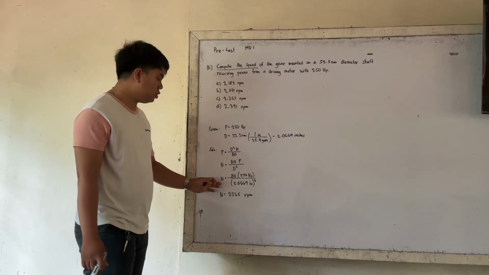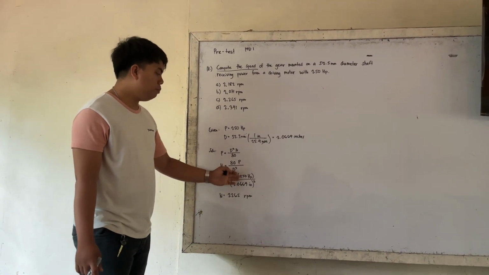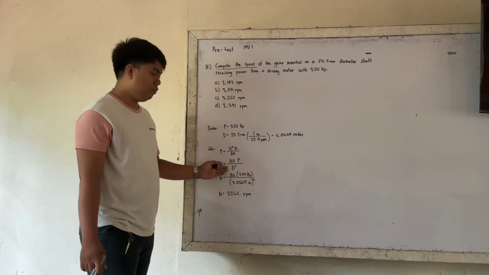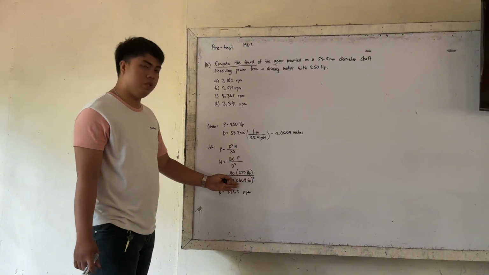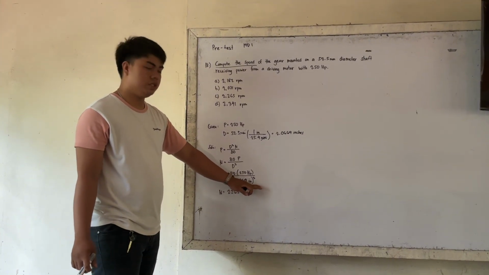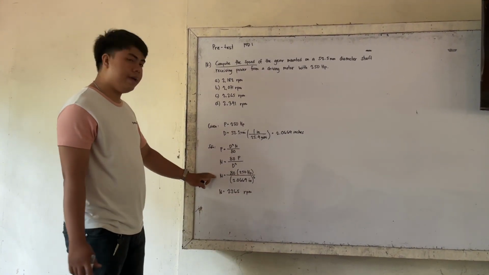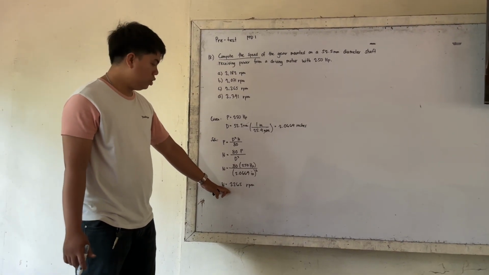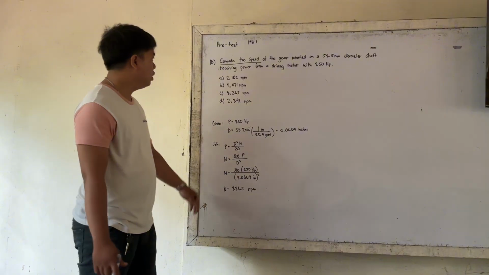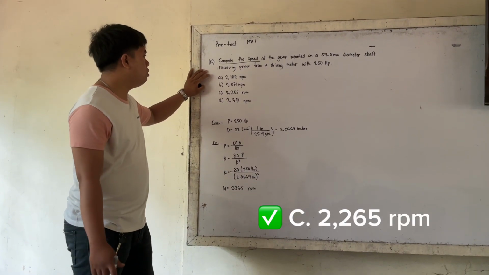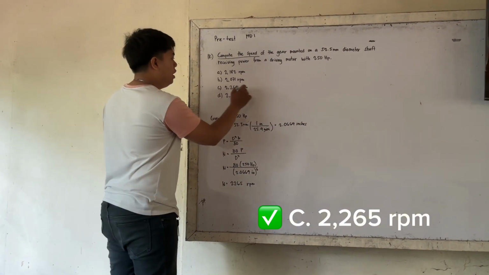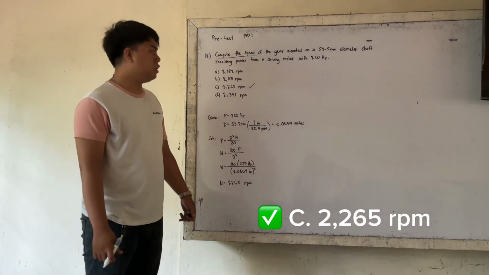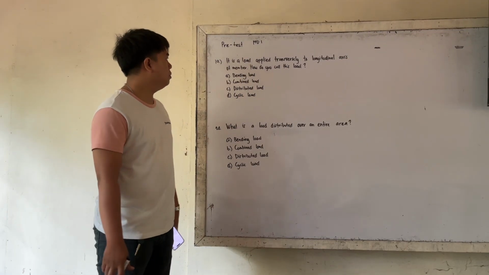So, plug in the values, N is equal to 80, our P is 250 horsepower, while our D cube is 2.0669 inches cube. So, our N now is equal to 2,265 RPM. So, in this problem, our final answer is the letter C, 2,265 RPM. On to our next problem.